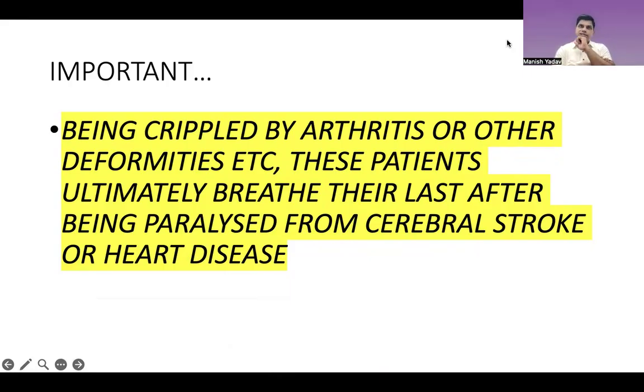You will understand this after you're 10, 20 years into the practice. When I read this for the first time, suddenly I remembered one patient. I had seen this lady when she was paralyzed. Cerebral stroke was there.